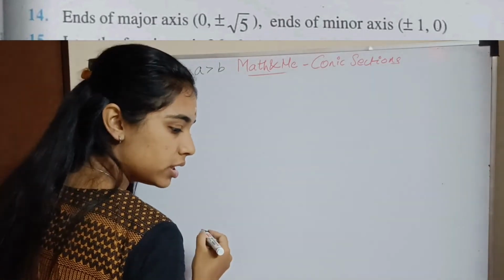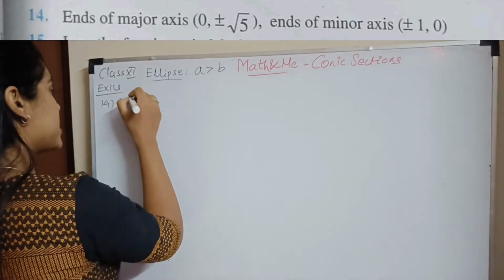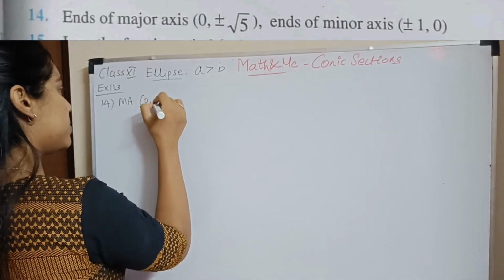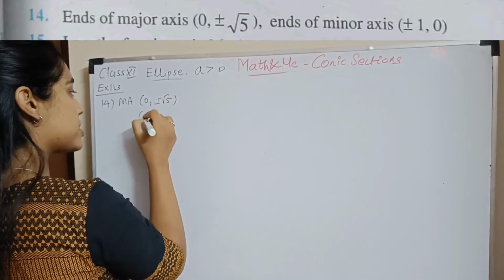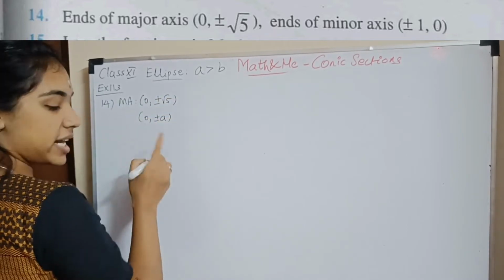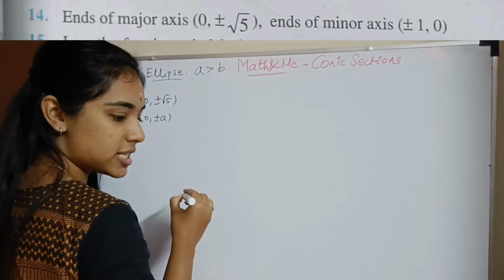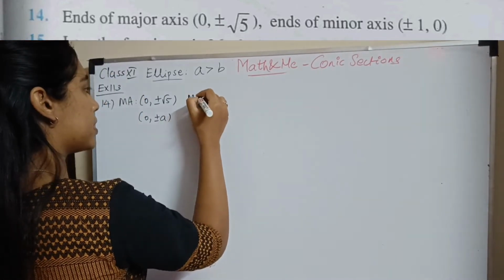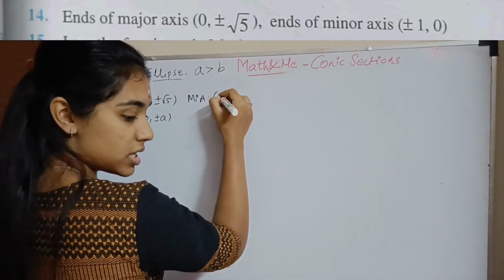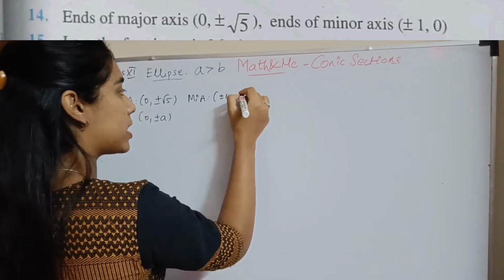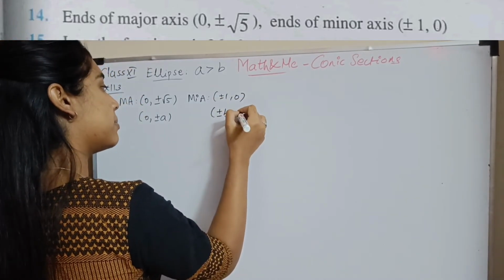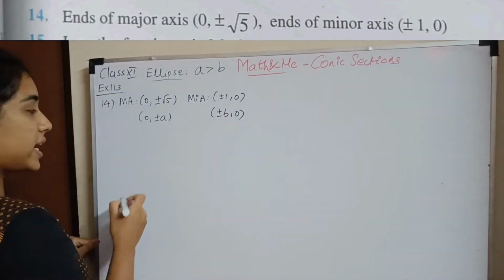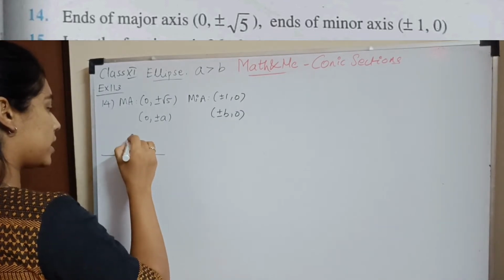Question number 14. Ends of the major axis. So major axis koduthirukku 0, plus or minus root 5, which is 0, plus or minus a. Major axis nale a. And the minor axis is given to be plus or minus 1, 0, which is plus or minus b, 0. Appo a vandu y axis la irundha, your ellipse will look like this.